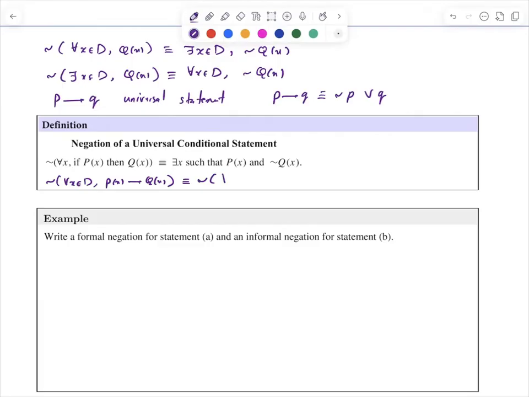It is the negation of for any x in domain D, not P(x) or Q(x), right? Then, as we saw before, it's going to be equivalent to there exists some x in domain D such that the negation of not P(x), the double negation, is going to be P(x), or becomes and, and Q(x) becomes not Q(x).